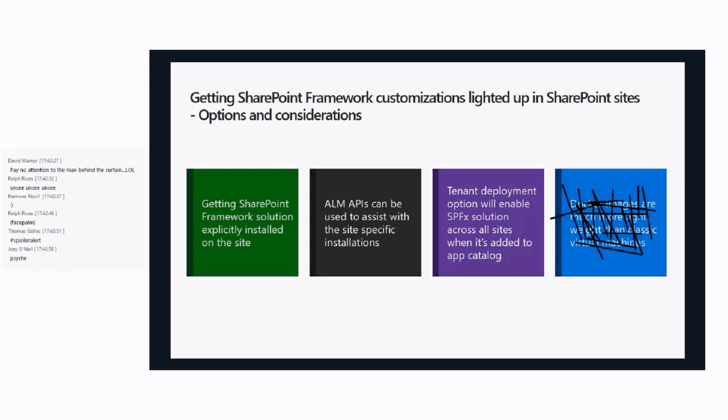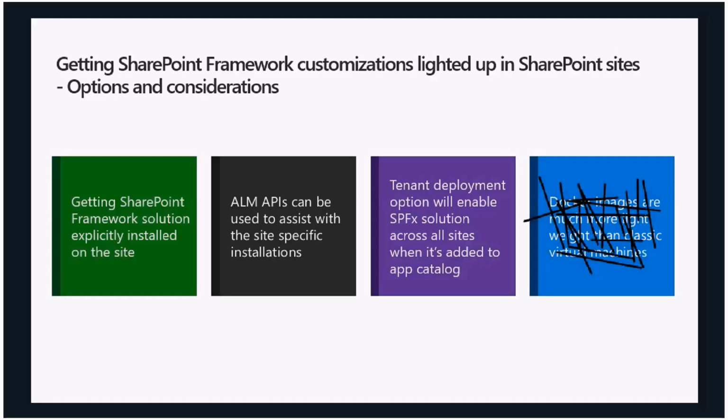The alternative option, which was the site-by-site level installation, and I do have slides on both of these, means that you need to explicitly install the solution to a site before it's available for you. So you as a solution designer or an architect of the customization will need to make this decision. How do you actually enable your functionalities to be available?